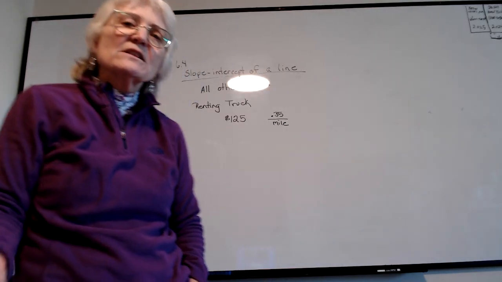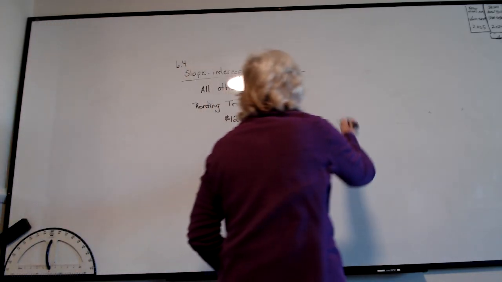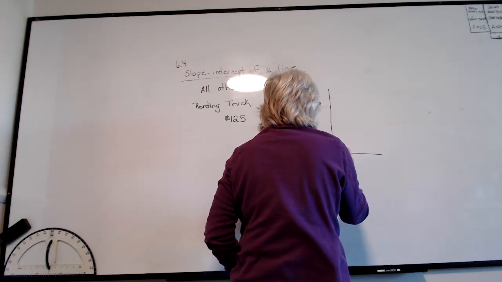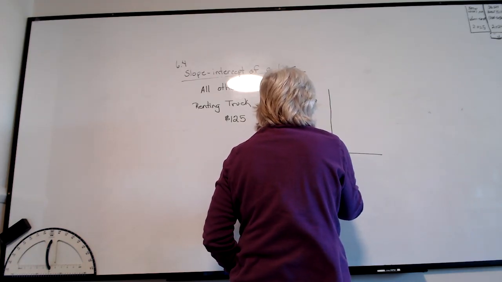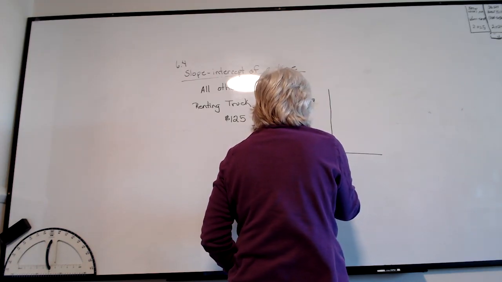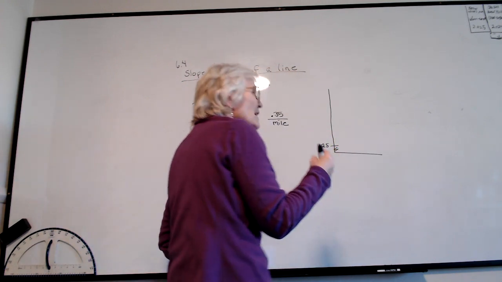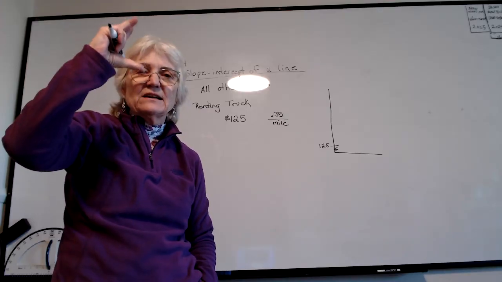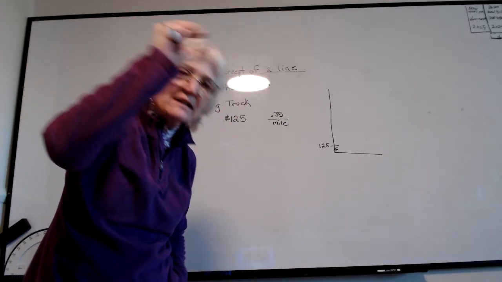Okay, so if we were to graph this, it's basically kind of like this. I'm going to draw this little line here to get to 125. Those little squigglies say I am actually shortening it so we can just see up close. It's like zooming in on the computer.